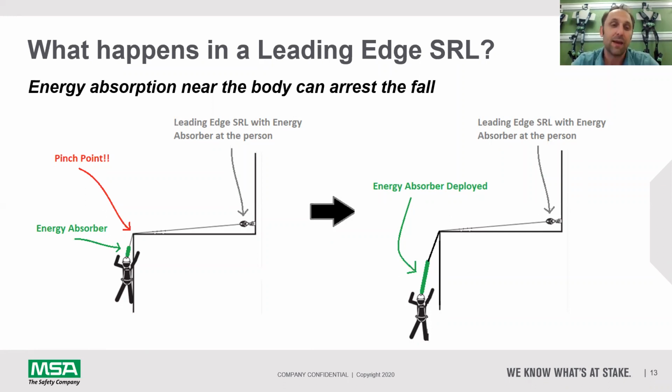But now it doesn't matter what happens from the edge of the building to the person, because they've got that energy absorber that can deploy, absorb the forces, and hopefully arrest the fall. That's why, from a design perspective, ANSI is asking manufacturers to put that energy absorption element on the person, so that when that line touches that edge, you know you're in your best case scenario, where you're covered from that edge down.